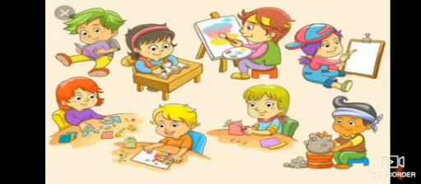You will say, for example, one girl is cutting up the papers, another one is modeling the cake, a girl is writing on the board, another girl is writing in the book. So these activities, and one more slide is there to showcase some more activities.